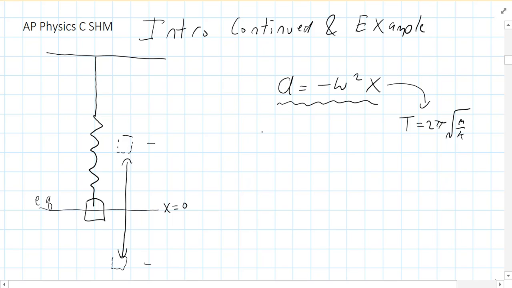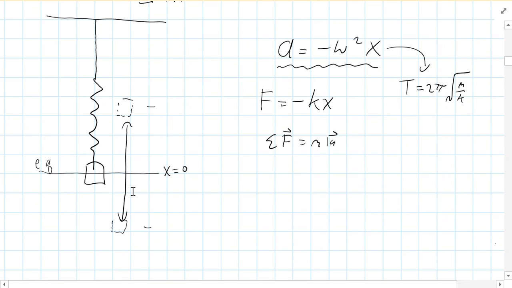We know that the force of a spring acting on the mass is negative kx, and we also know that on the mass, net force equals ma. Now, in this problem, if you measure everything from equilibrium, you can ignore gravity acting on the mass.